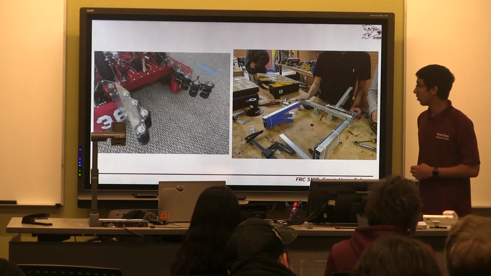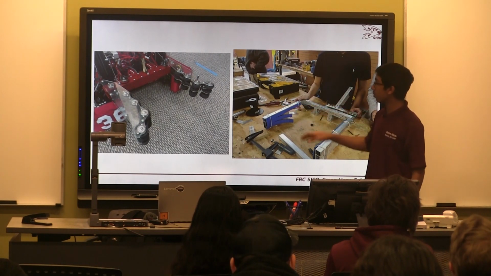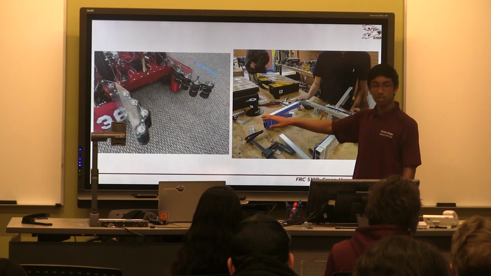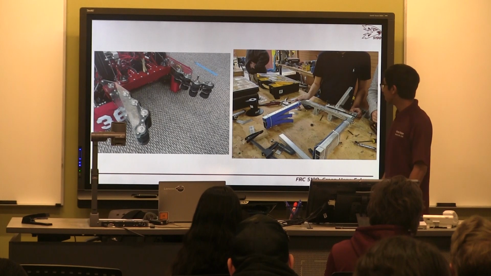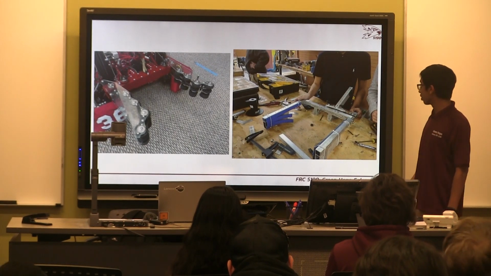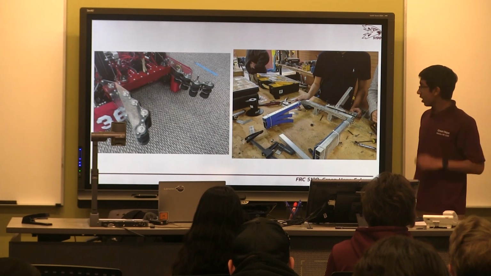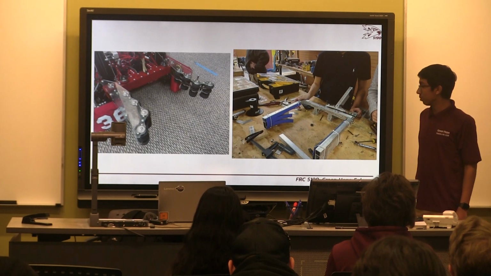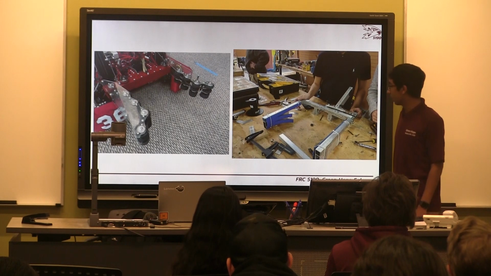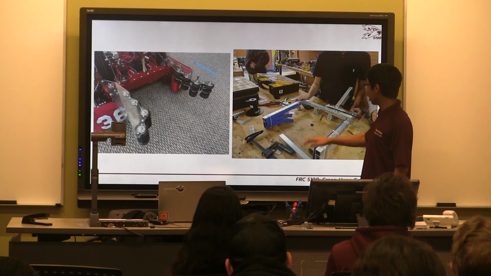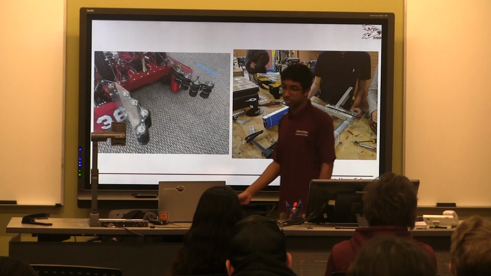Yeah, so that's a good 2018 intake, a popular design that a lot of good teams copied. And this was one of our designs, I think it was my freshman year that me and a couple of students built. We didn't end up using it since it wasn't as efficient as our other designs, but even though it didn't end up being a really good design, we used similar concepts like these throughout the robot during other years.